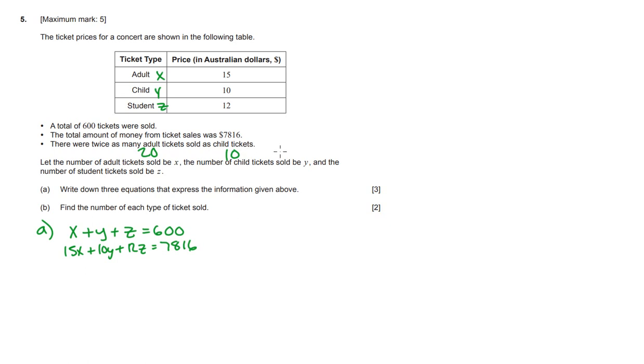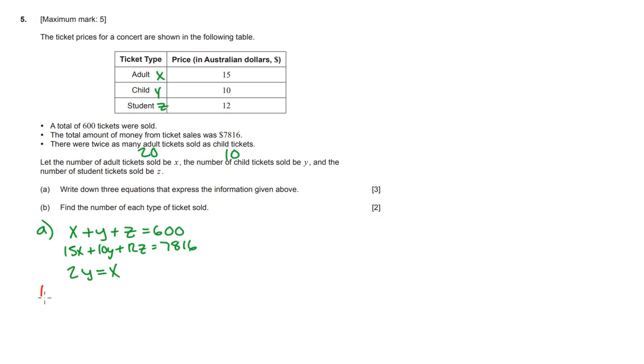So for every child ticket, we have to double the child tickets to come up with the adult tickets. So 2 times the child, which is Y, should equal X. So you take the number of children's tickets, multiply it by 2 to come up with the number of adult tickets. Okay? All right.